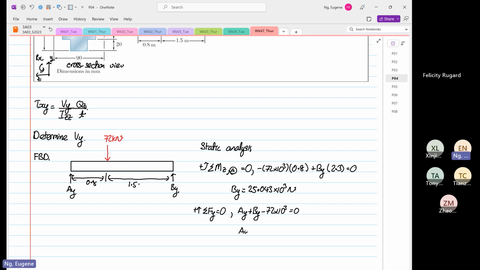Therefore AY is equal to 72 times 10 to the power 3 minus BY, 25.043 times 10 to the power 3. So it's equal to 46.957.